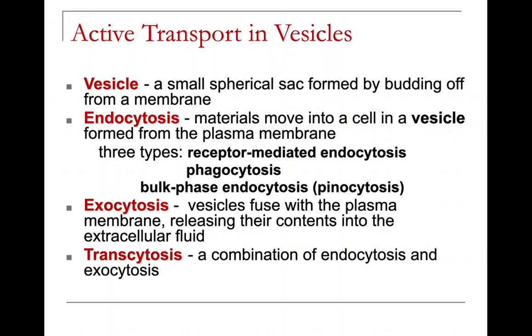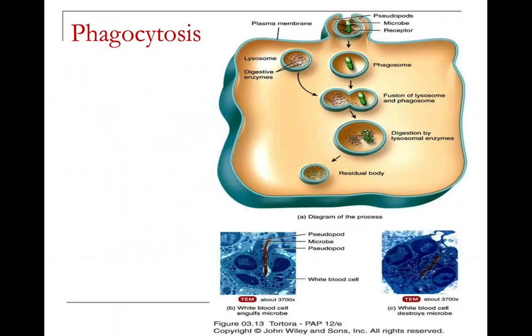There are 3 types: receptor-mediated endocytosis, phagocytosis, and bulk phase endocytosis or pinocytosis. With exocytosis, it's the reverse. The vesicle fuses with the plasma membrane, and when it does, it releases the contents that were in that vesicle out into the extracellular fluid. Transcytosis is a combination of endocytosis and exocytosis.